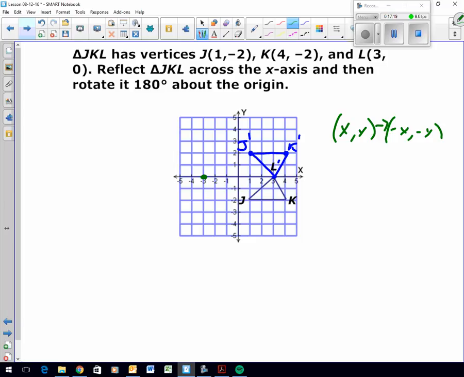If J starts at (1, 2), it goes to (-1, -2). K starts at (4, 2), it goes to (-4, -2). That's my 180-degree rotation: L double prime, J double prime, K double prime.